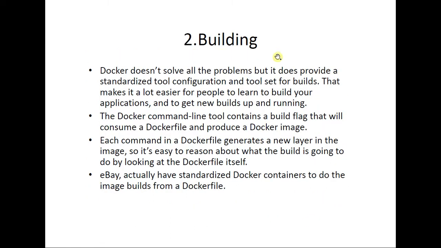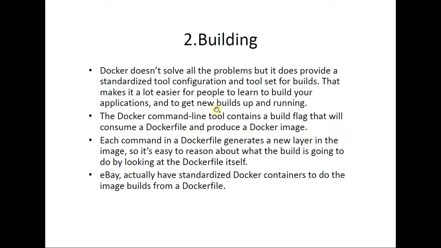The second step is building. Docker provides standardized tool configuration and toolset for builds. That makes it a lot easier for people to learn to build your application and to get new builds up and running. The Docker command line tool contains a build flag that will consume a Dockerfile and produce a Docker image.